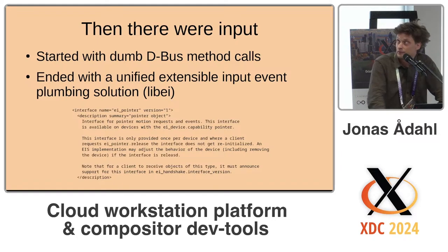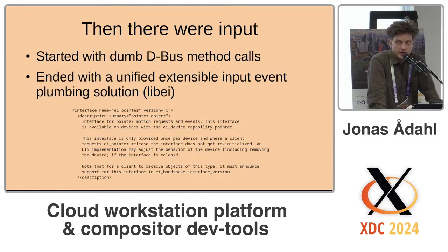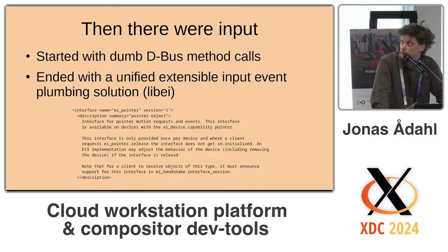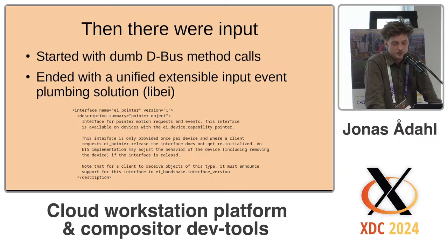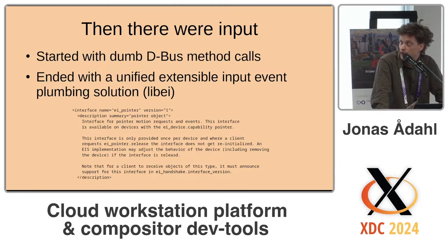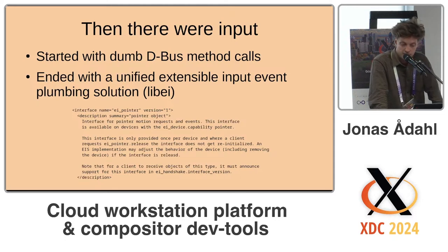For going into the cloud again, we have to do input. In the X.Org days, it was based mostly on XTEST or faking hardware with uinput. In the beginning, we just had some really dumb debug method calls, but that was just a stopgap solution to create something more extensible. So we created something called libei. It's pronounced as you pronounce egg in German. I'm not sure it's A, but I think it's A. It stands for emulated input.